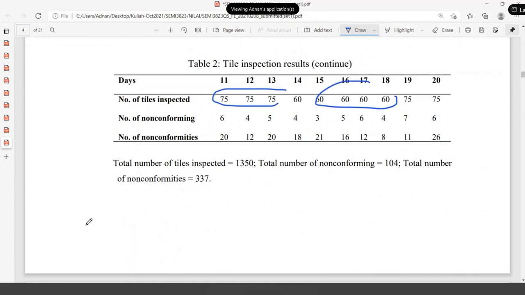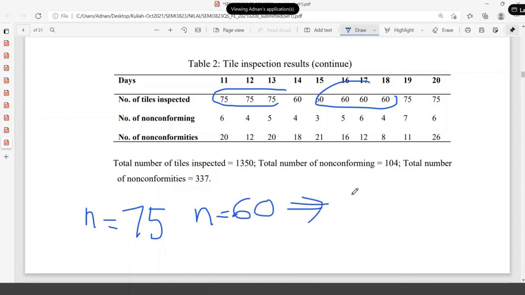So currently n was 75 and 60. The question asks, what happens if the company decides to use n equal to 30? Apa akan berlaku? Any idea?